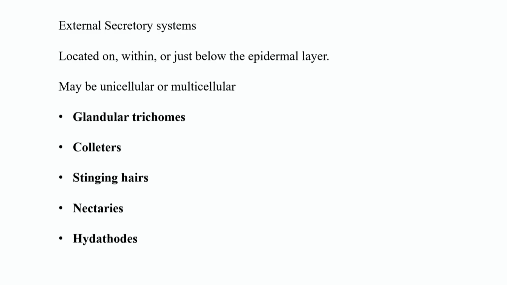Now, coming to the external secretory tissues, okay. The first important external secretory tissue is glandular trichomes, also known as hairs. Trichomes we have already discussed in our previous lectures; they are found on the surface. On the epidermis you will find a lot of hair-like structures.